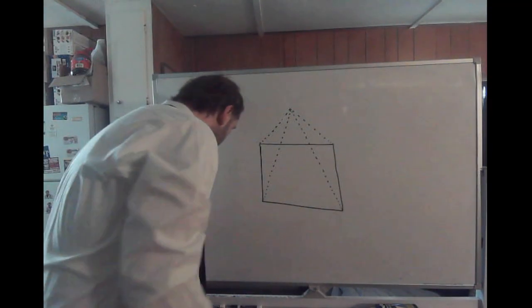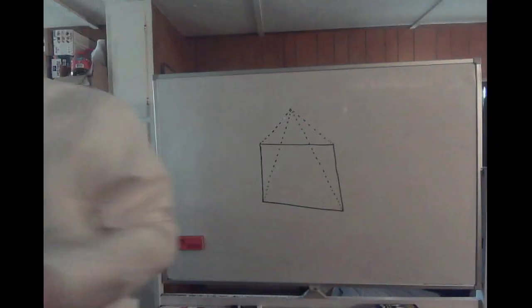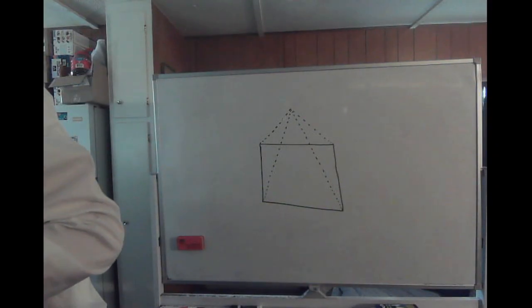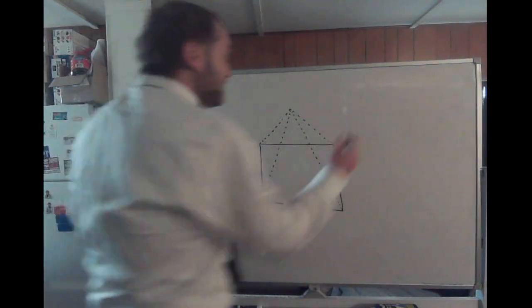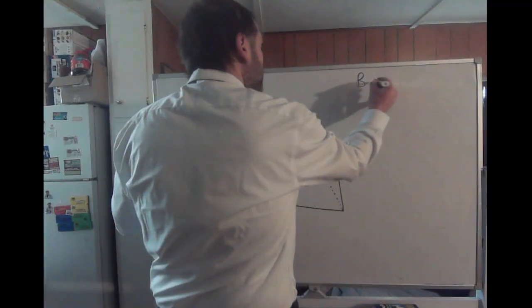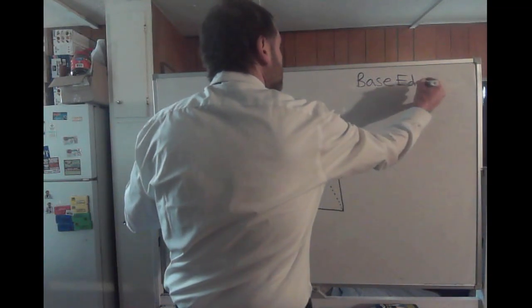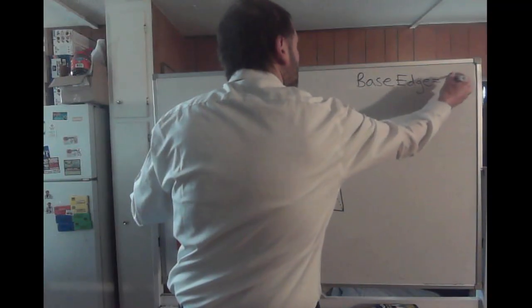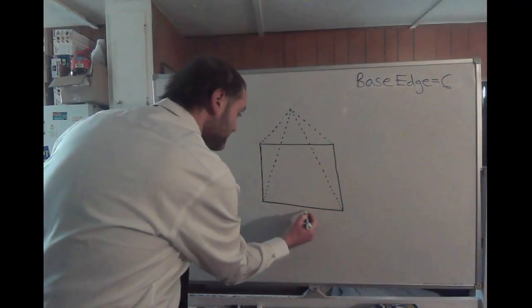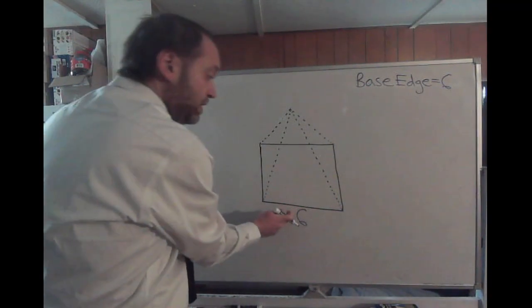Let's see what they give us for these examples here. They give us that a base edge is equal to 6 units. So edge of the base is 6 units for the square.